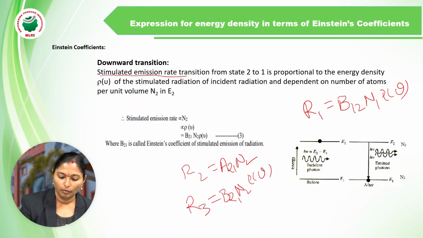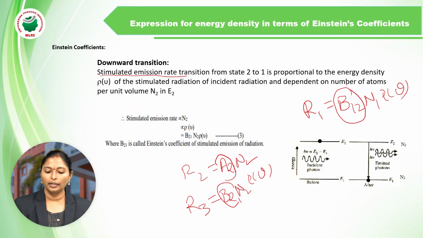Okay. If you observe the constants A and B, we are going to derive the relation between A and B. That means we are going to derive the relation between the spontaneous emission process and the stimulated emission process.